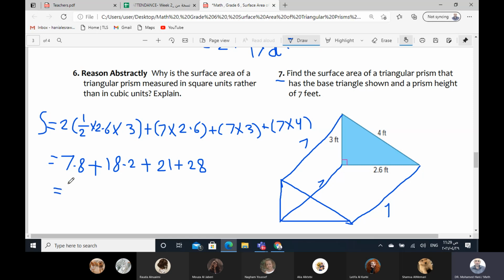Now we can find the total. Add 7.8 plus 18.2 plus 21 plus 28. The answer will be 75 feet squared.